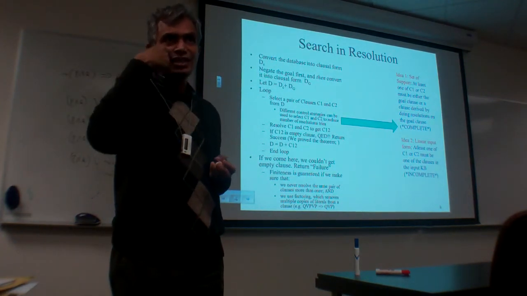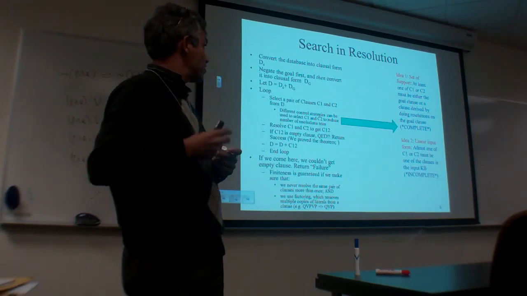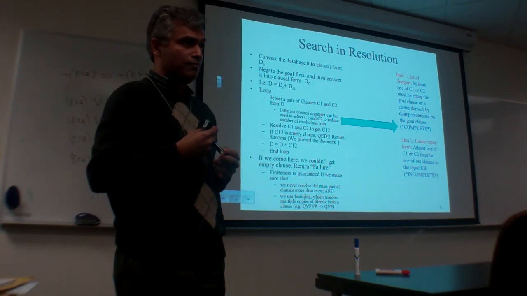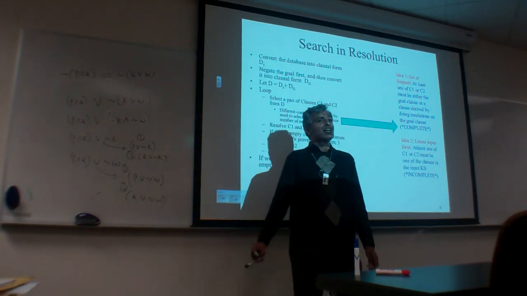At least one of the clauses must be from the original set of clauses, DC plus DG. Okay? It turns out this form is not complete.